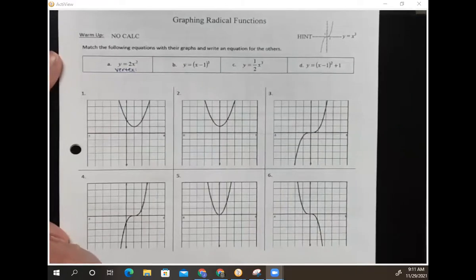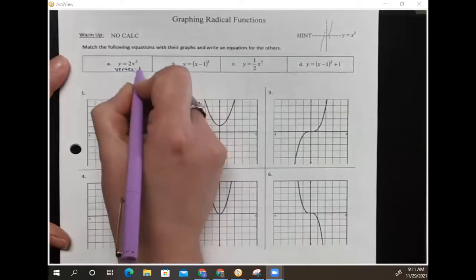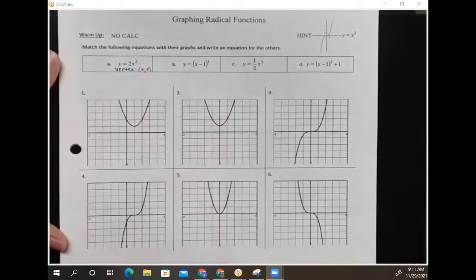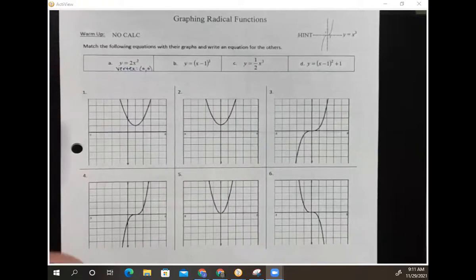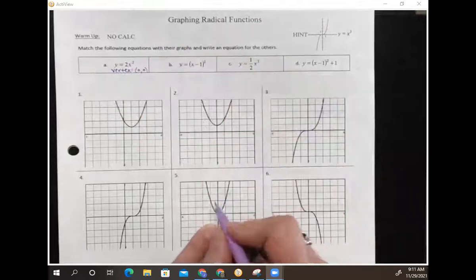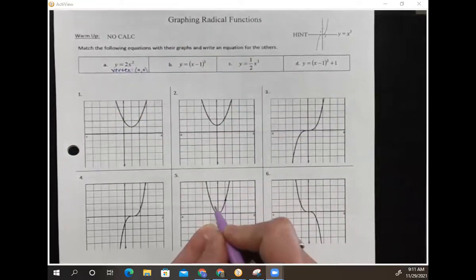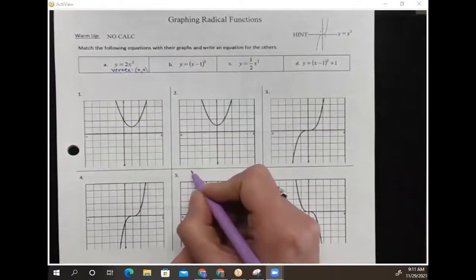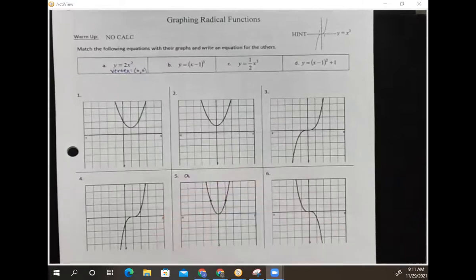Yeah, our vertex is at 0, 0 at the origin. So that would have to be number 5 based on its vertex. And then that 2 in front tells me we're going to go up 2 and out 1. So number 5 is function A.